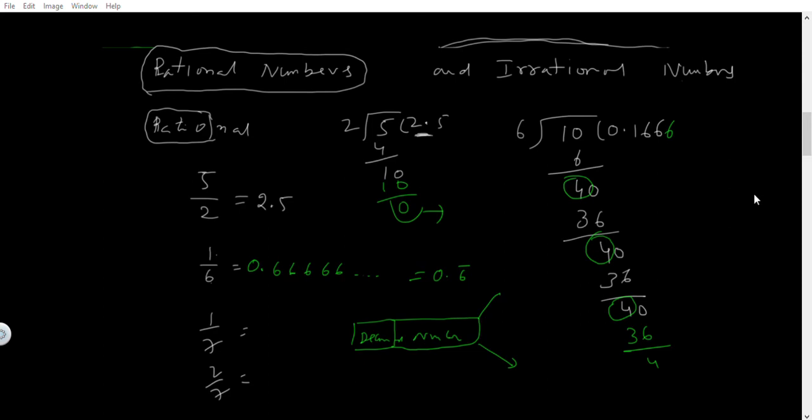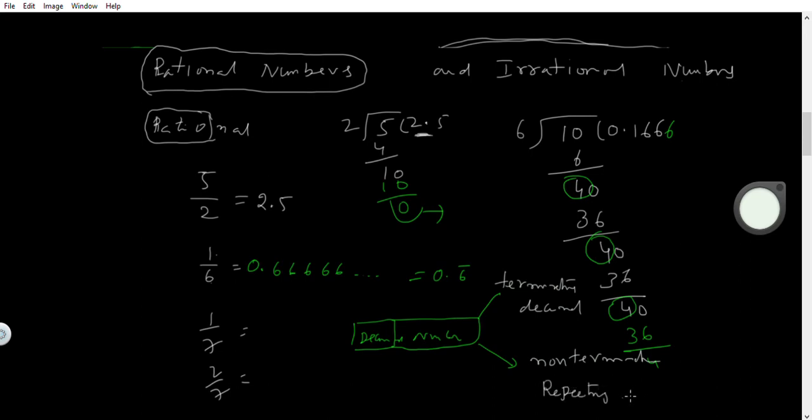The first one is terminating decimal, and the second one is non-terminating repeating decimal.